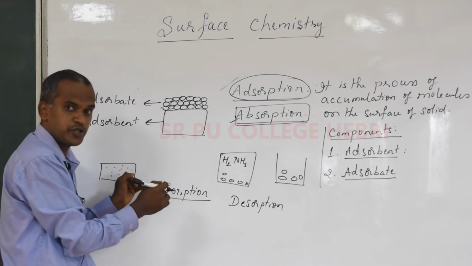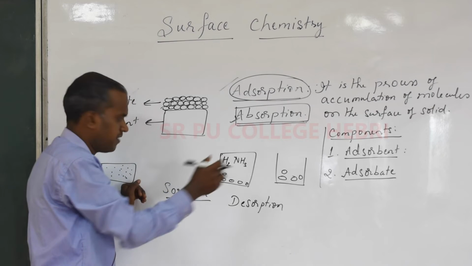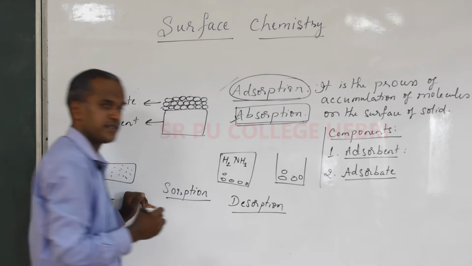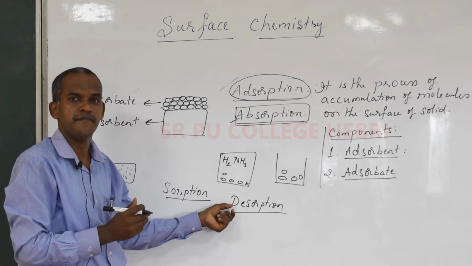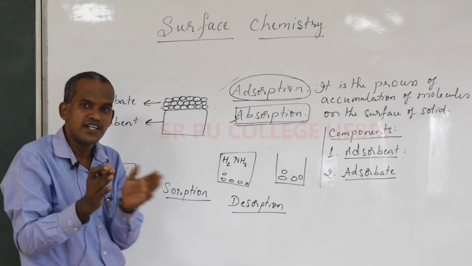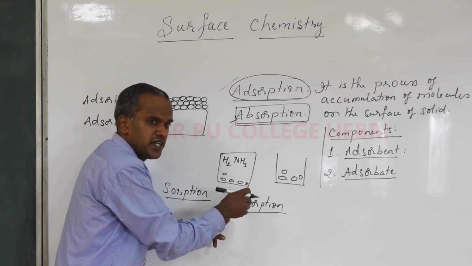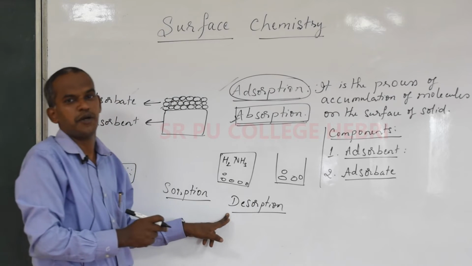Just now I told you the phenomenon of both adsorption and absorption taking place simultaneously is called sorption. And remember one more basic term, desorption. It is a process of separation of the molecules, meaning the accumulated molecules get detached from the surface, and then it is called desorption.